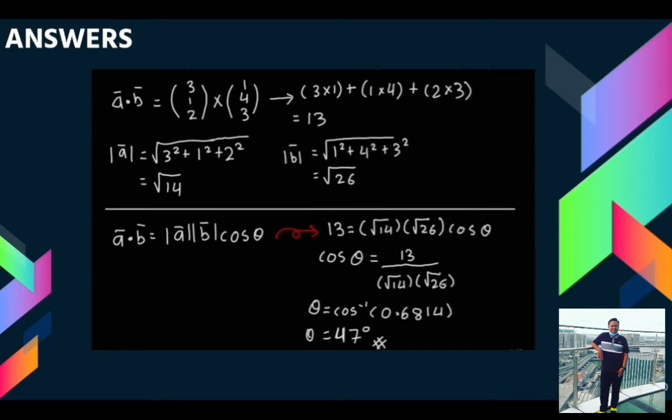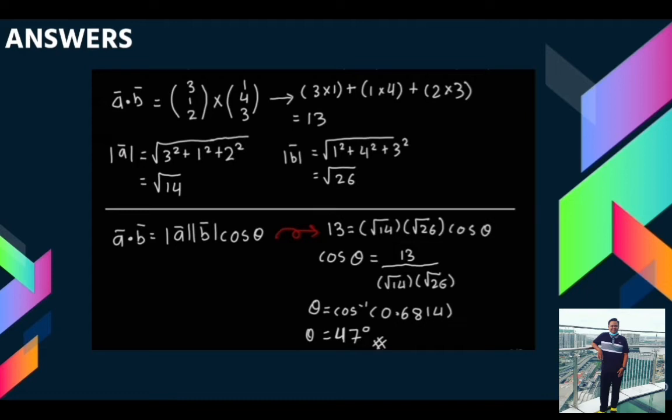So the answer is square root of 14. Then we want to find B magnitude, such as square root of 1 squared plus 4 squared plus 3 squared. Then the answer is square root of 26.